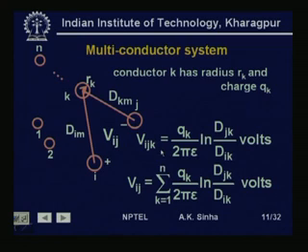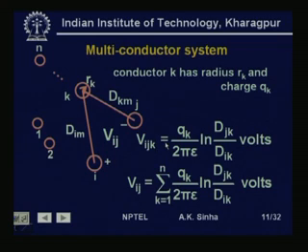Then we can find out the voltage between two conductors i and j due to charge on this conductor k. We write this as Vij k, that is voltage between conductor i and j due to charge on conductor k.